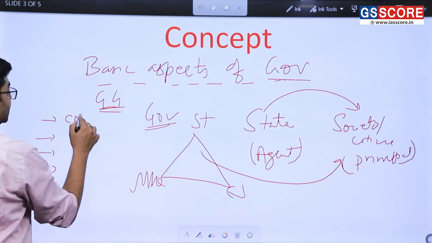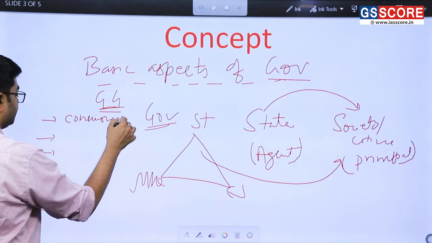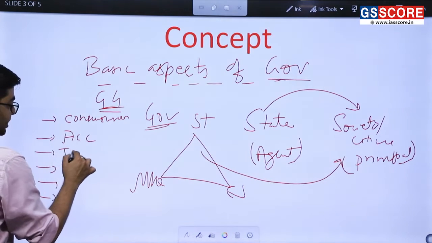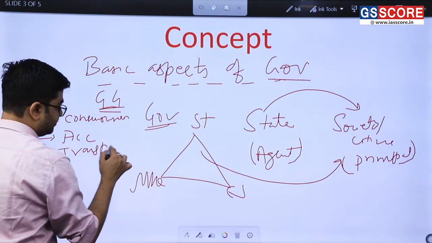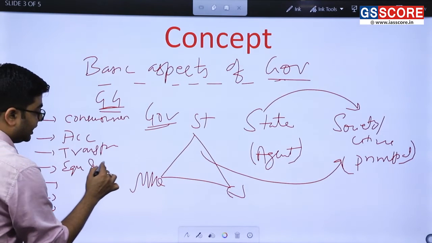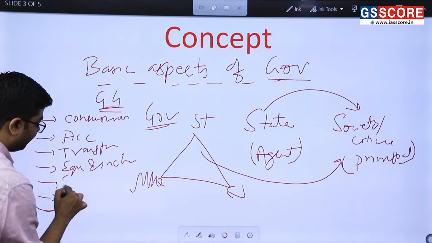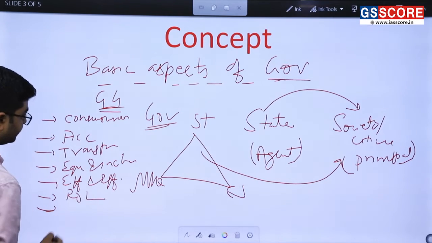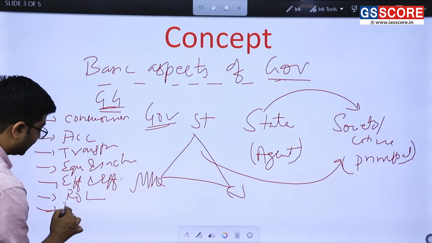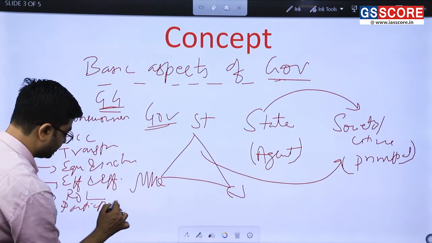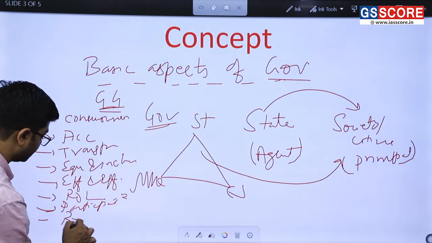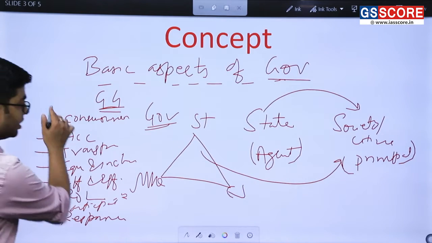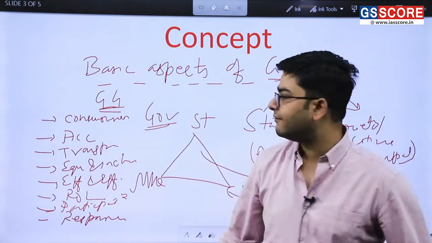For example, consensus orientation, accountability, transparency, equity and inclusiveness, efficiency and effectiveness, rule of law, participation, responsiveness, right? So these 8 pillars are very, very cardinal.